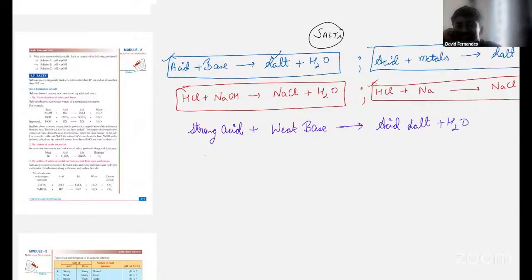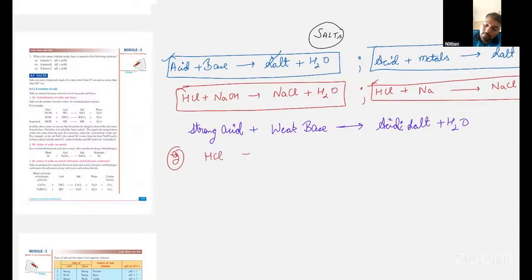Okay, now listen. Strong acid reacting with weak base will give acidic salt. We'll take one example: HCl reacting with NH4OH. The salt formed will be NH4Cl plus H2O.